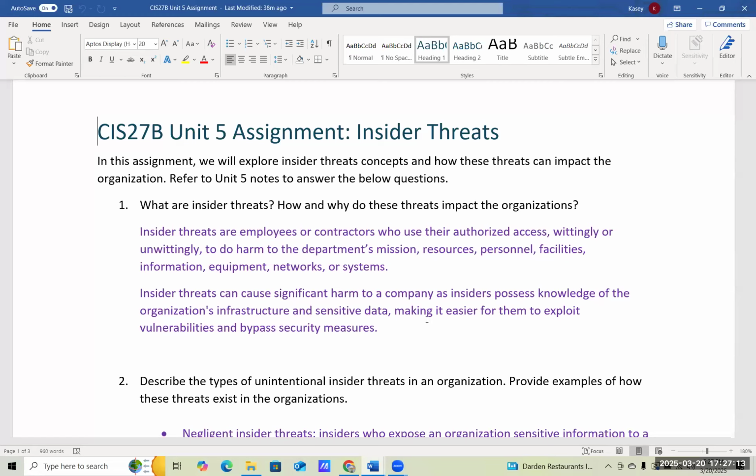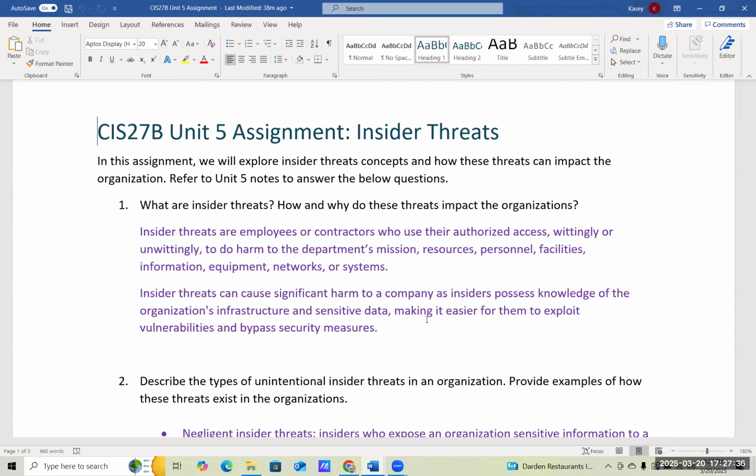They might be contracted through another organization. An example would be the Department of Defense, right? Instead of hiring employees, they would contract with Northrop Grumman, Raytheon, and other organizations to provide contractors that work on specific projects for them, okay?